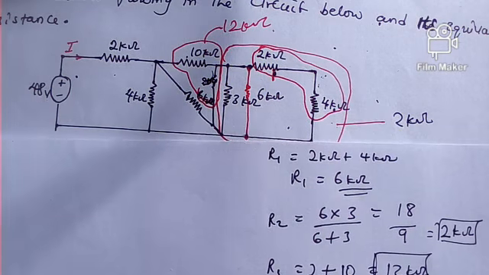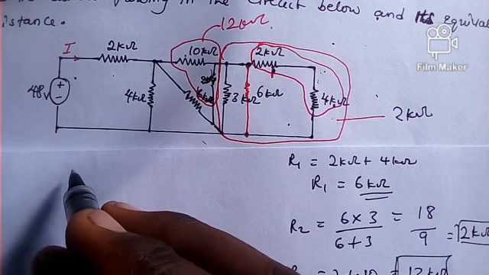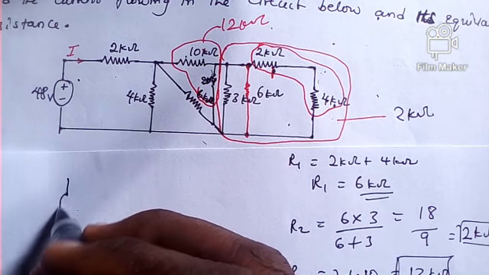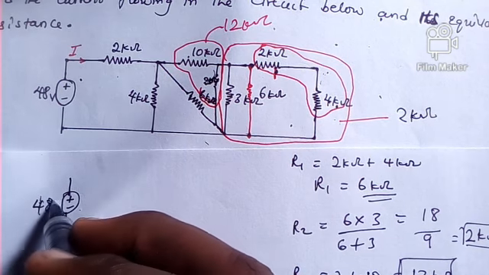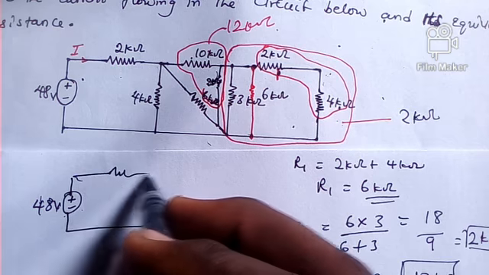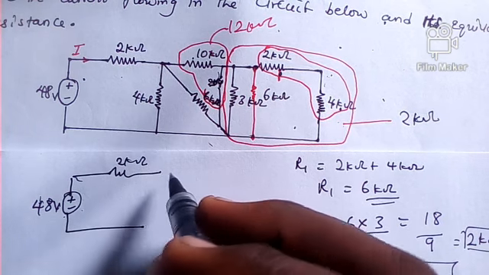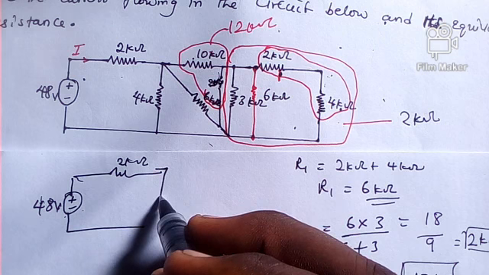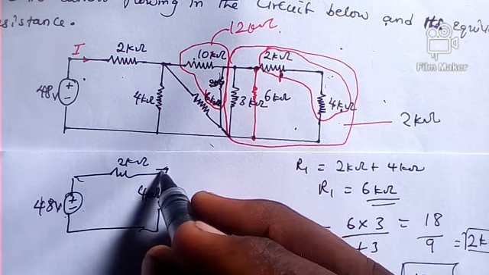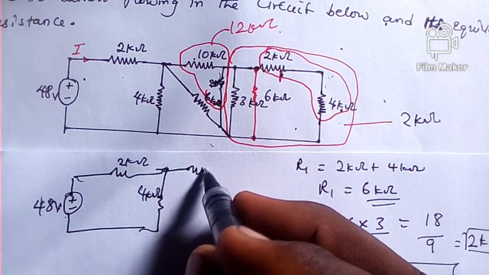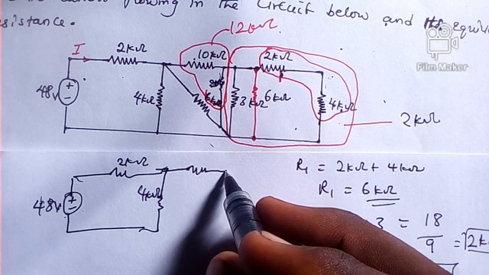Now, how does the circuit look? I can redraw the circuit. I will have something like this for now. Here is the 48 volts. Here is my 2 kilo ohm resistor. Here is my 4 kilo ohm resistor. And here is the equivalent.